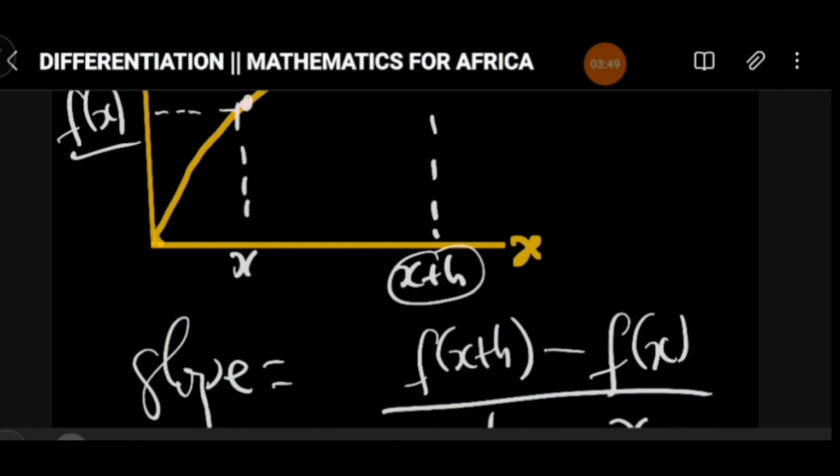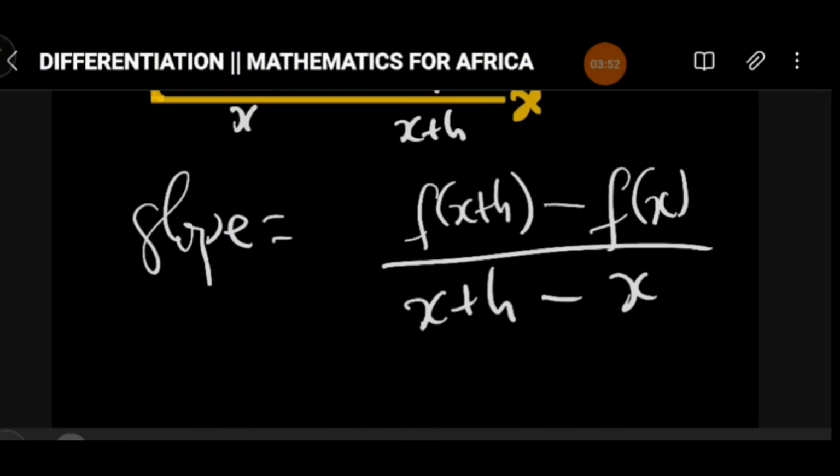Now what do you notice here? You notice that this x and this x cancel out. If these cancel out, you are then left with what?